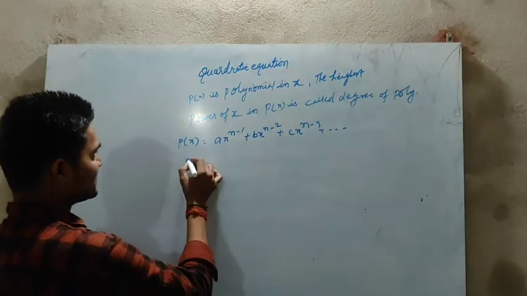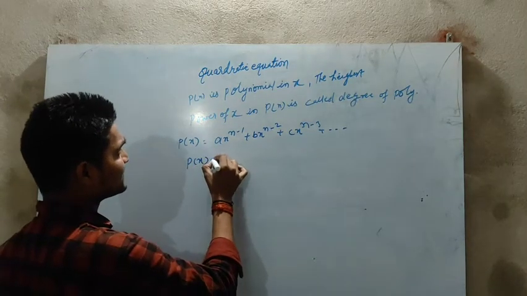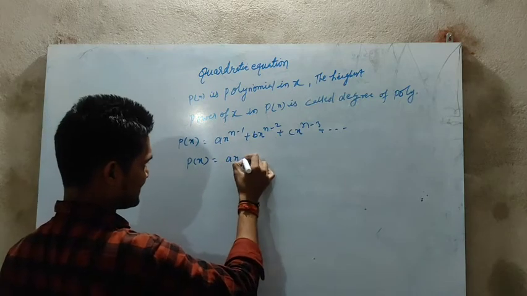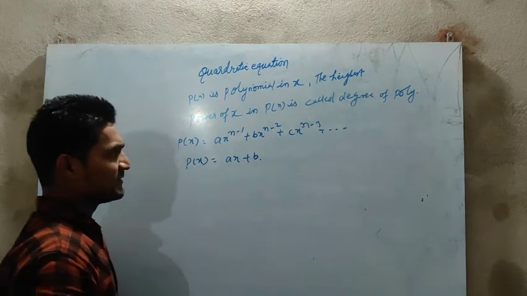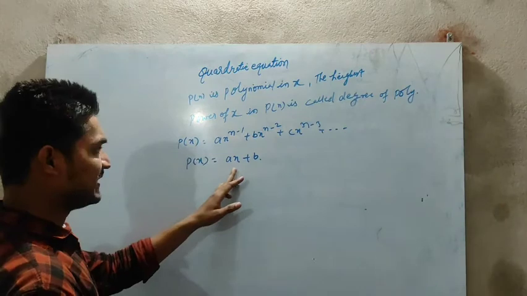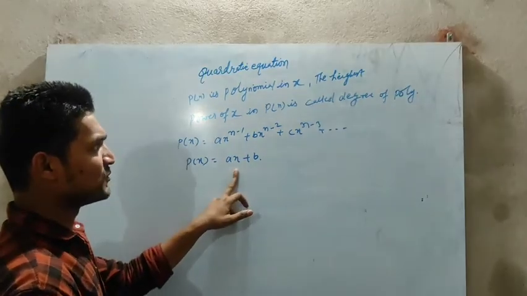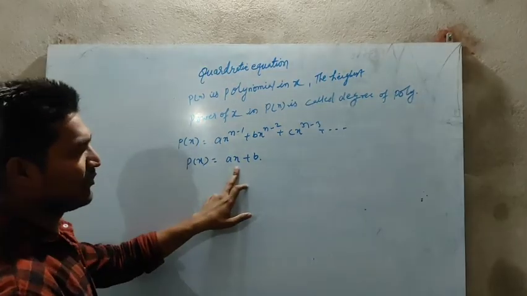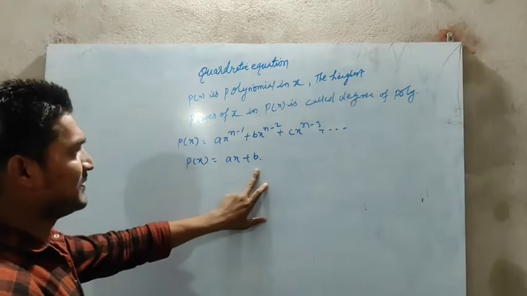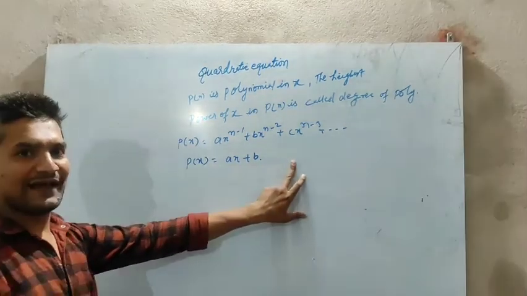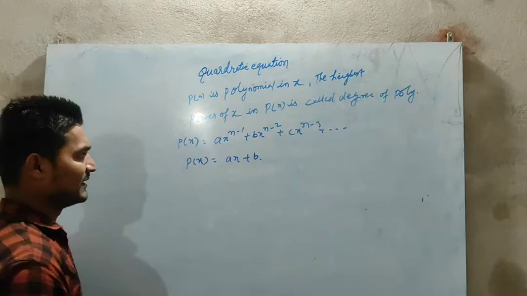Now let us suppose P(x) is a polynomial ax + b. Here the degree of x is always 1. If the degree of x is 1, the polynomial is known as a linear polynomial.